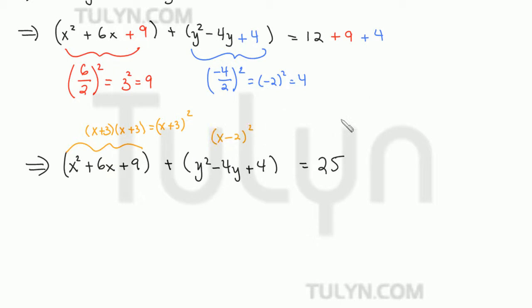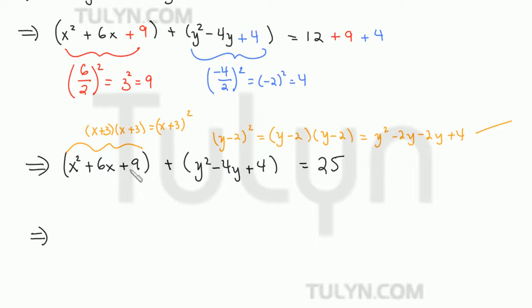Because if you FOIL it back out, you're going to get y minus 2 squared, and if you're never sure, you can always check. When you FOIL these back out, you get y squared minus 2y minus 2y plus 4. So that checks out.